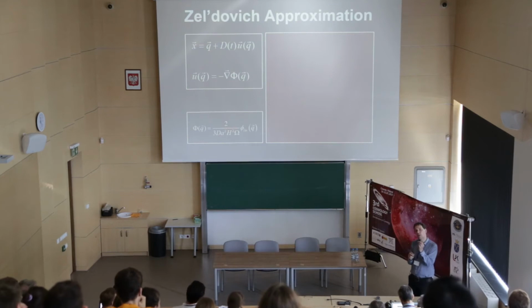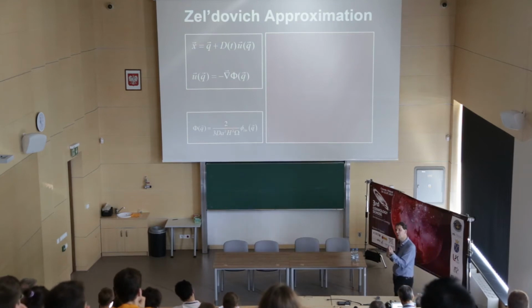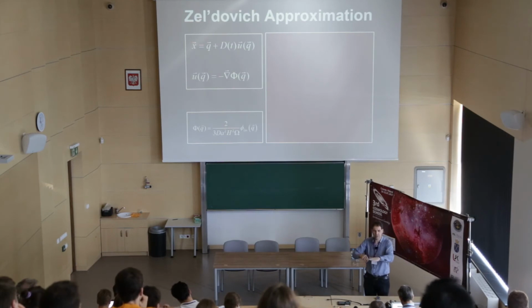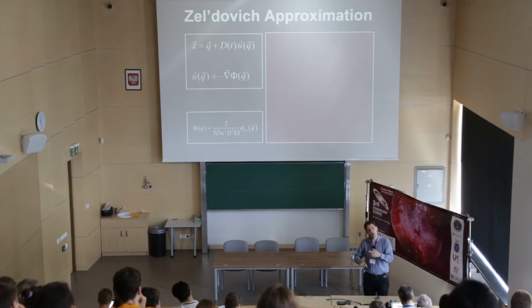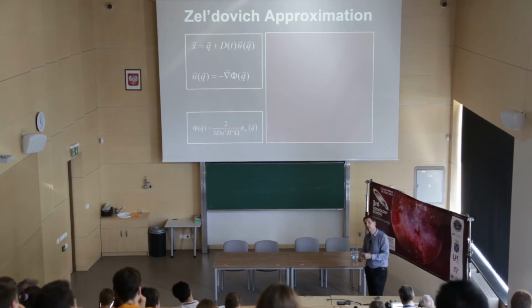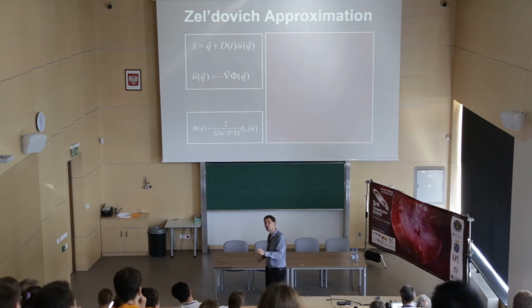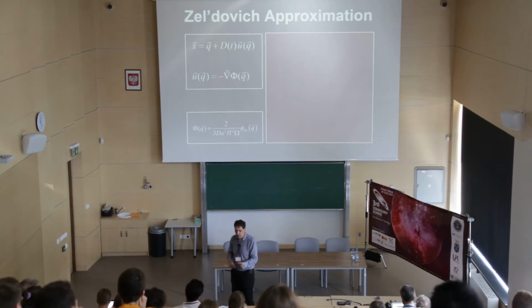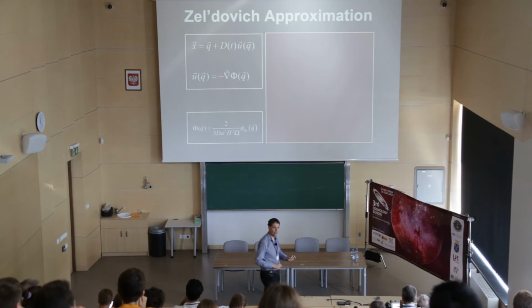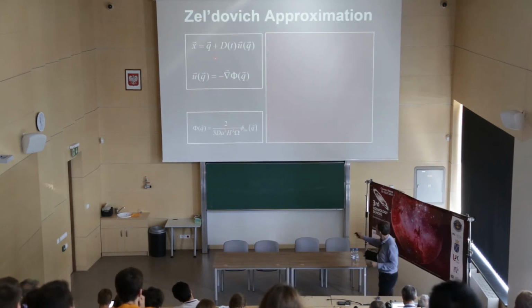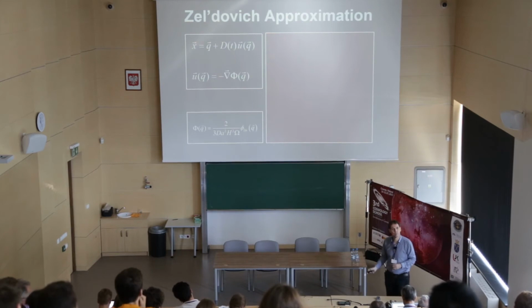Up till now, I looked at it in the Eulerian way, looking at the distribution of mass as a function of position. But Zeldovich said, no, why don't we look at it in a Lagrangian way? We look at it mass element by mass element. And a mass element originally has a position q.